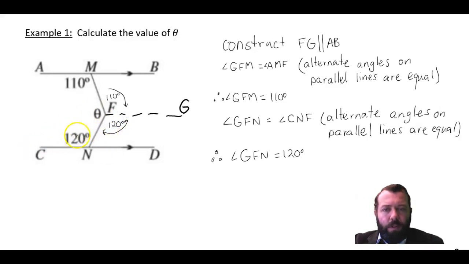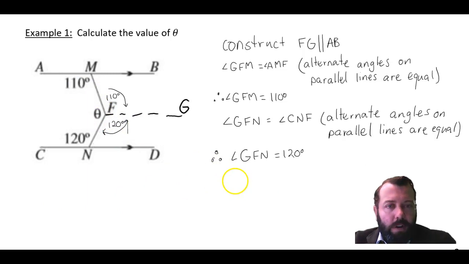Rightio. So we've used these parallel line properties, we've used alternate angles twice now, and we have found two angles there. Two angles that are certainly adjacent to theta. And together those three angles will make a revolution. So now I'm going to scroll up a little.